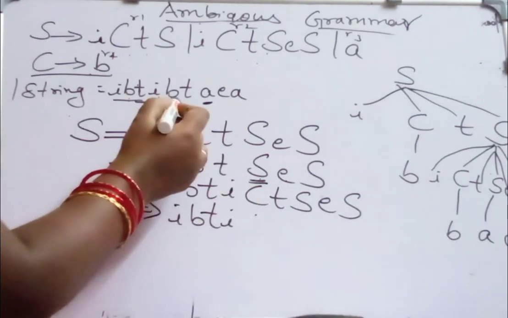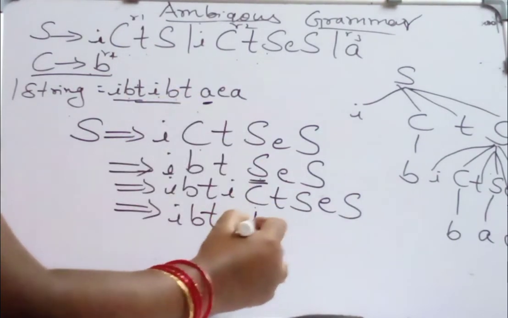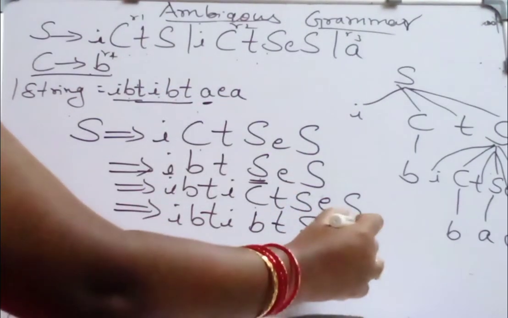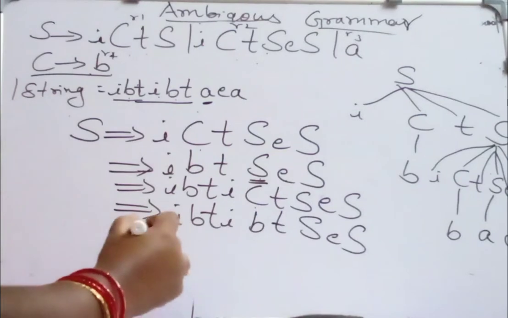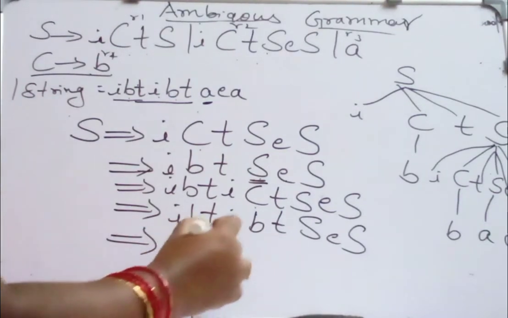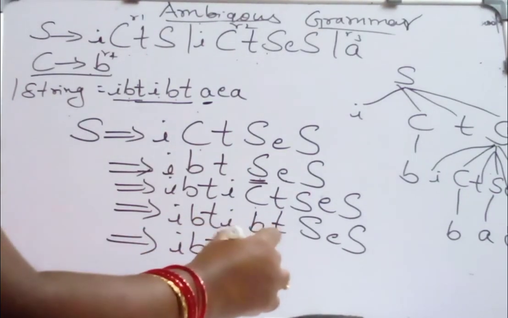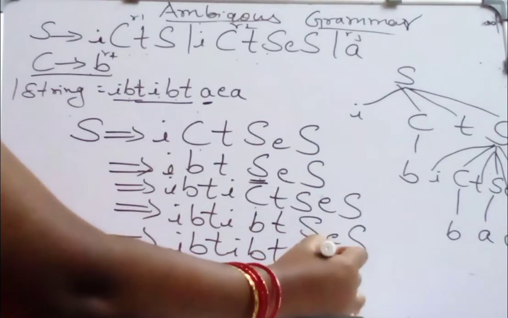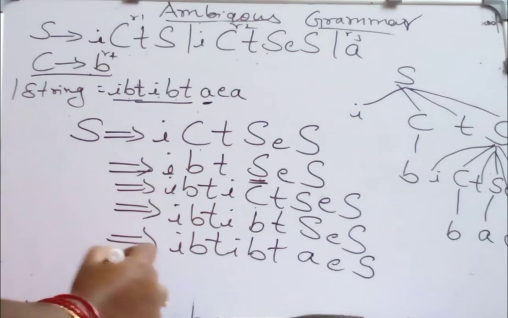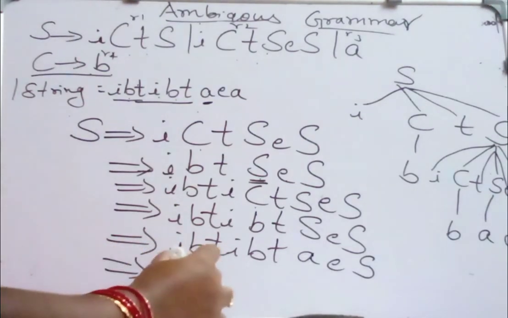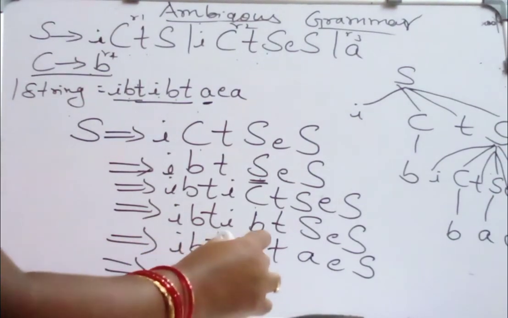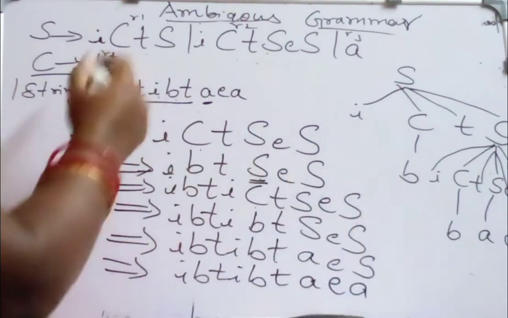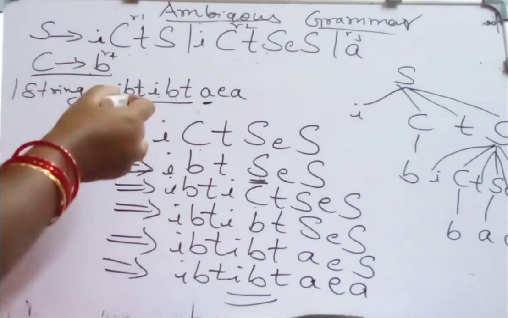Next is what? b. For C we are substituting b now. T, up to here is over. Then we have SeS. This derives ibti bt. S derives what? a, rule number 3, eS. This derives ibti bt a. S derives a. See, we got back the string w.